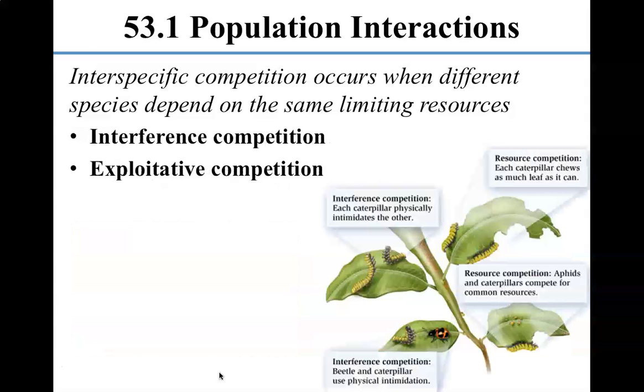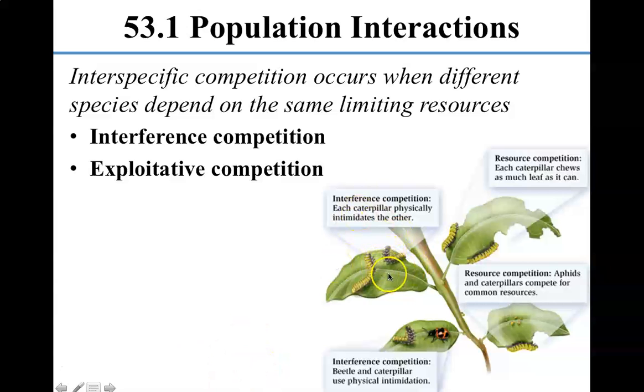There's also two categories of competition called interference and exploitative competition. So interference competition is when individuals of one species harm another species directly. So this could be a lion chasing off a leopard from a kill, or it could be a plant that's releasing poisons and preventing another plant from growing nearby. In the example I use here, here's interference competition.